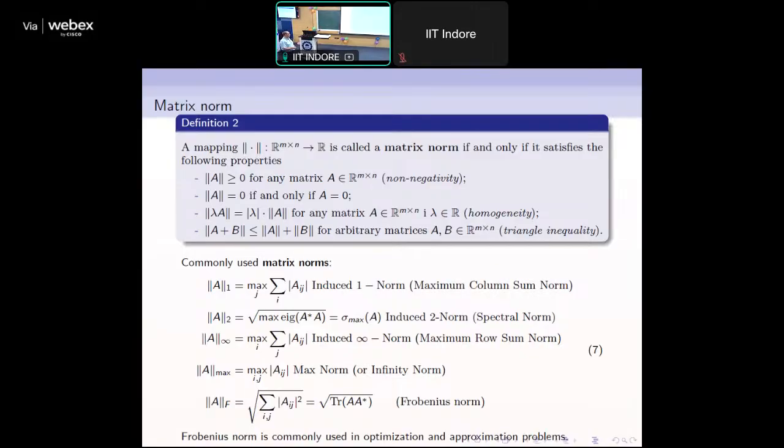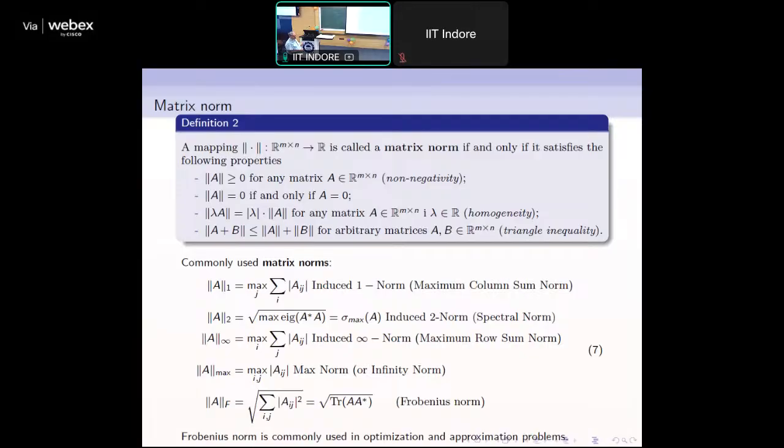There are several definitions of matrix norms. The one norm or maximum column sum norm, the induced 2 norm, spectral norm, where sigma is the maximal eigenvalue. The infinity norm or maximum row sum norm.